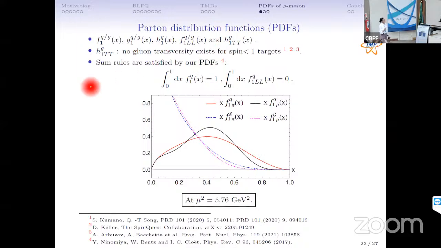Our calculations satisfied both these sum rules. And again, we have compared the pion and rho PDF F1 at the higher scale. These are almost the same, but at the end point, the rho meson distribution is falling rapidly.